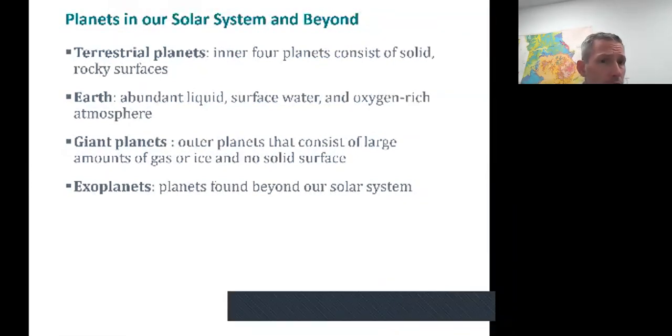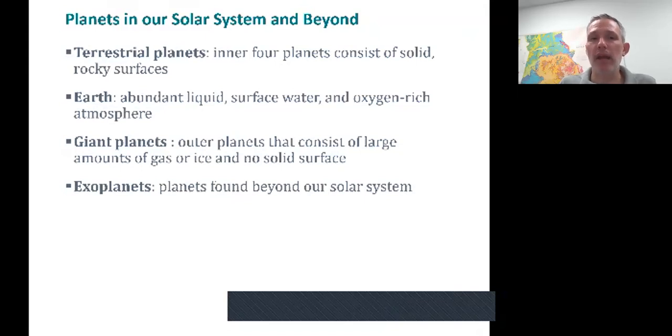So the last part of the semester is going to be dealing with astronomy, and it's going to cover planets and beyond our solar system. And so we'll talk about some of the similarities. How does the Earth fit into the rest of the terrestrial planets, which are the 4 inner rocky planets? And then if we start looking at the next four planets, those are the gas giants.